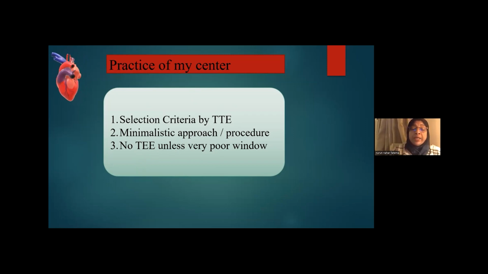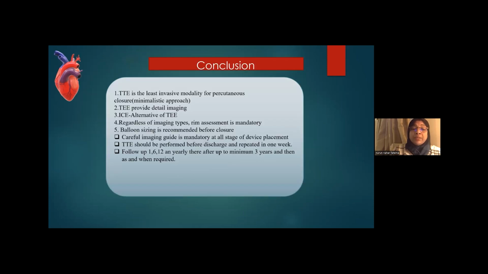So I do the procedure in a minimalistic approach where, in most of my cases, I don't use transesophageal echo or detailed diagnostic procedures. We do all the evaluation with transthoracic echocardiography, go straight to the device procedure and finish it quickly. And we don't do TEE unless there is a very poor echo window.